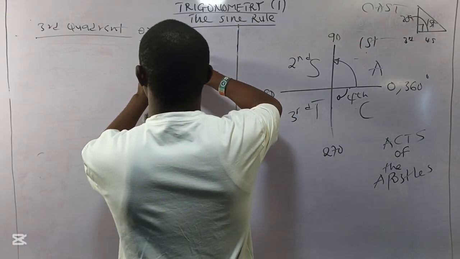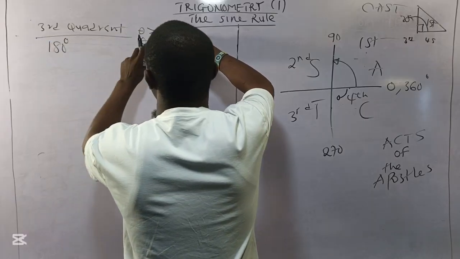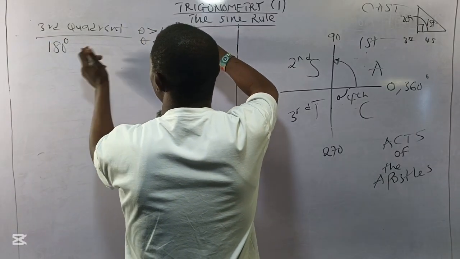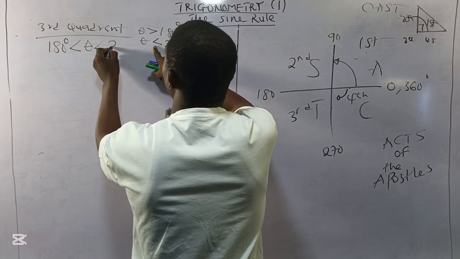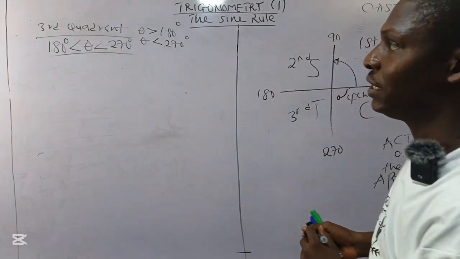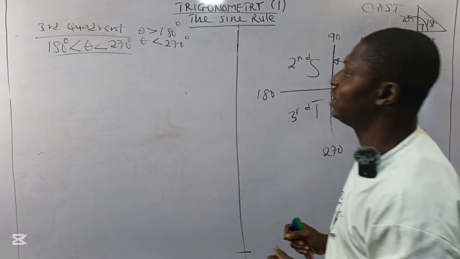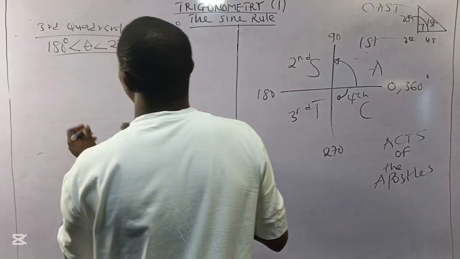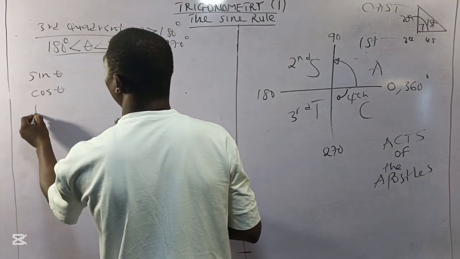Combining the inequality, since 270 is greater than 180, 180 must come first. So in the third quadrant, we have 180 degrees less than theta, less than 270 degrees.